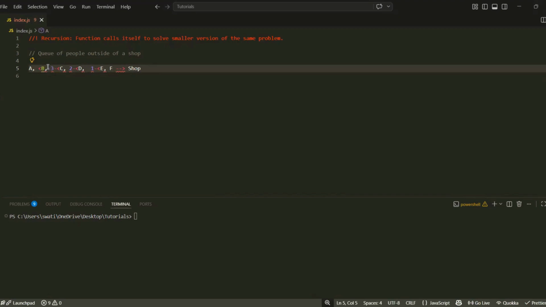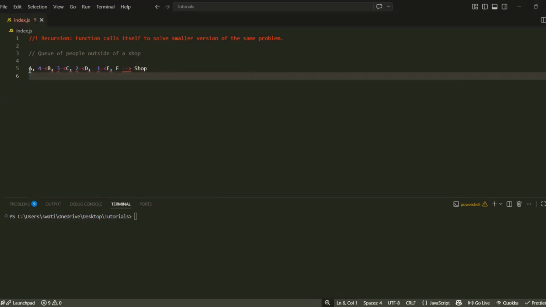And B is going to answer that there are four people in front of him. So by getting this answer as 4, A will understand, okay, there are 4 persons in front of B plus B, that is 5. So there are 5 persons in total in front of him, right?